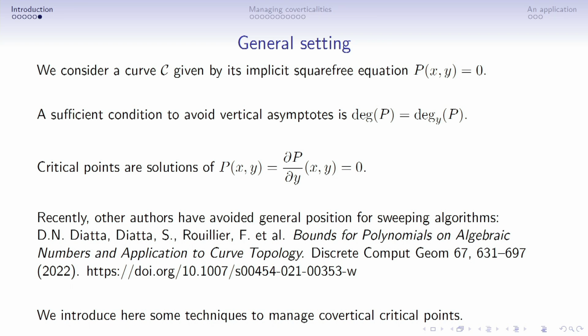We know that the sufficient condition to avoid vertical asymptotes is that the degree of p is the degree in the variable y of p, and we know that the critical points, the points where branches collide or are generated, are those points which are solutions of the system of equations given by the polynomial and its partial derivative with respect to y, the vertical variable.